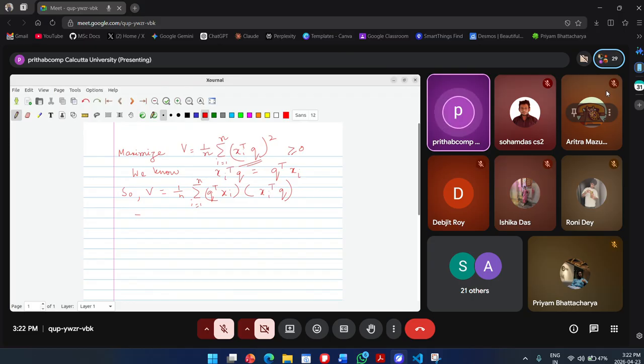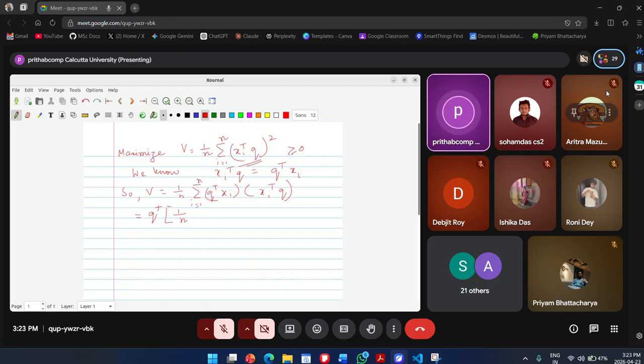Now this can be written as q transpose, which I'm writing outside. Actually what I'm trying to do is put the scalar values in one place.